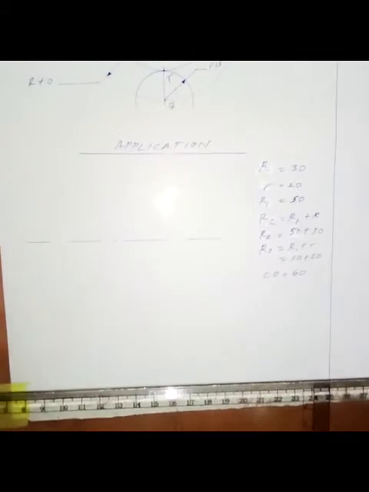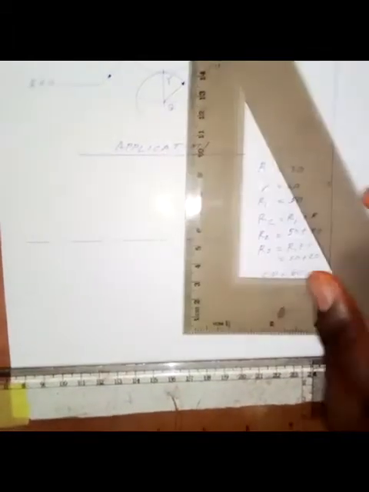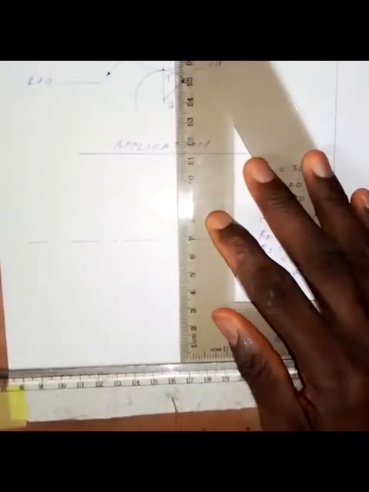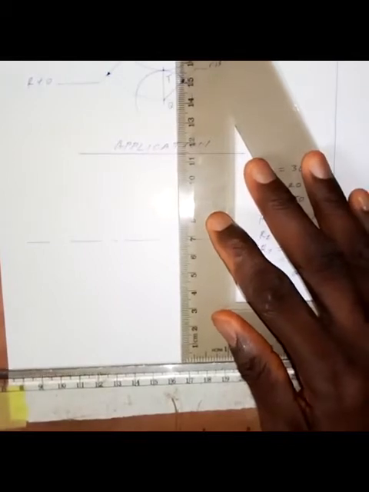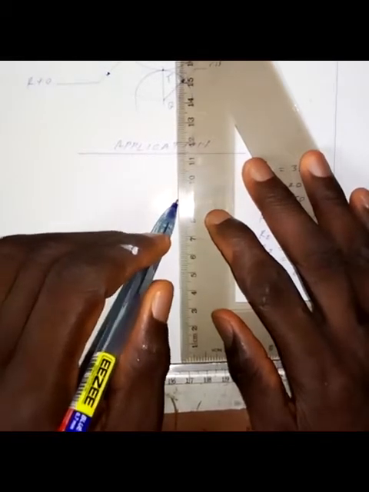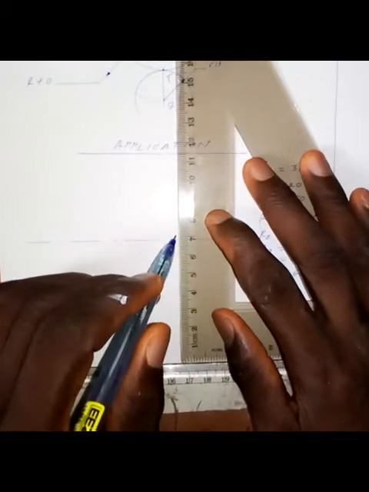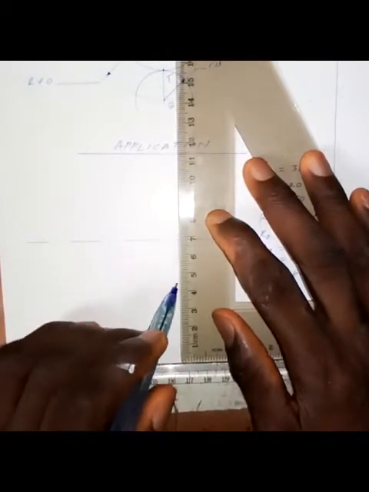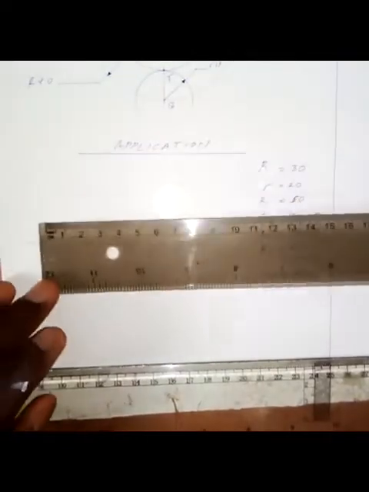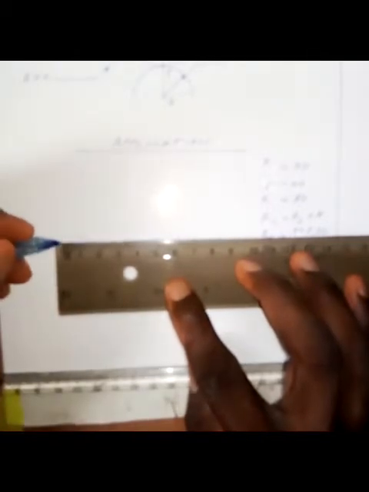After drawing this center line, I'm going to draw a vertical line here, and from this point I will measure 60 mm, which is the center distance of the two circles.